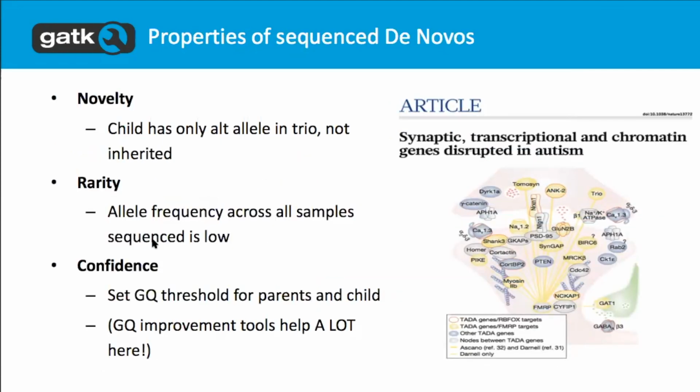Now there are a lot of variants and genotypes that show up as possible de novos when you do a regular analysis, and that's because some of those are errors. To identify which ones are most likely to be true, there are a few criteria that we apply. We expect that, by definition, the child is the only one in the family trio who has the variant allele.